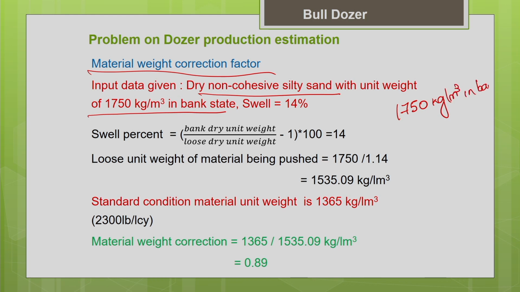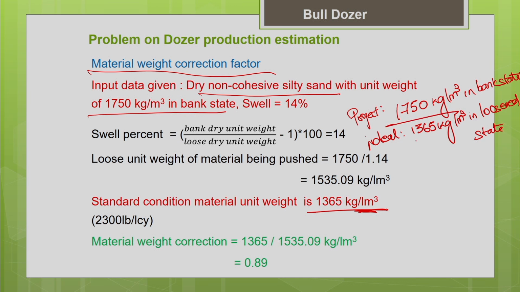So this is your actual project. But the productivity value we have chosen is for the ideal condition where the soil density is 1365 kg per meter cube. So it is in loosened state, loose meter cube.